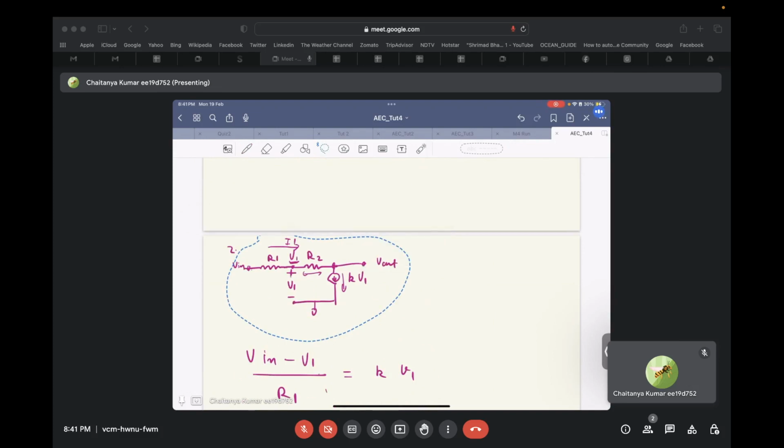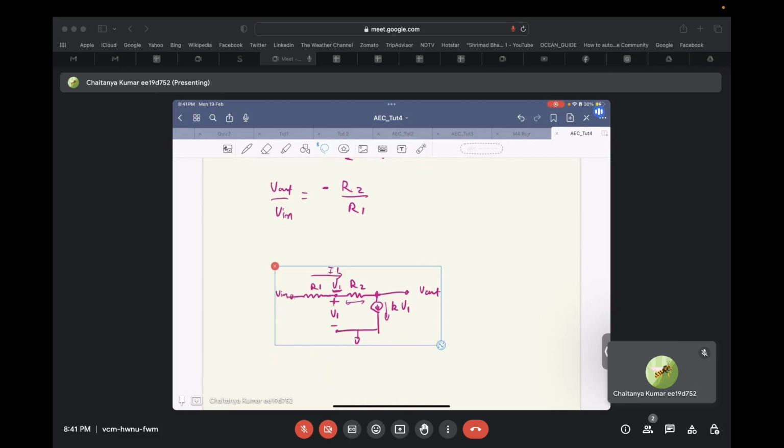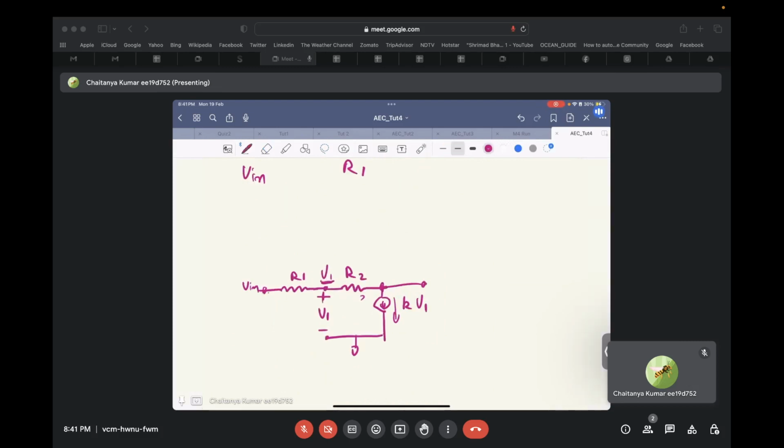But if we apply the concept that we have, we can check if the circuit is in negative feedback or not.